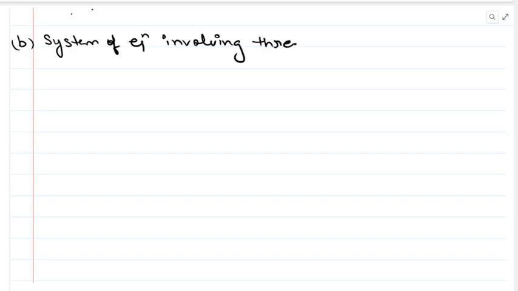Now let's talk about system of equation involving three variables.